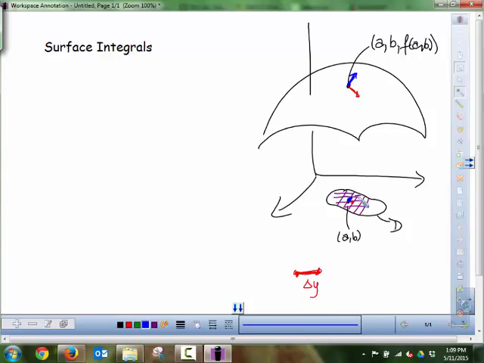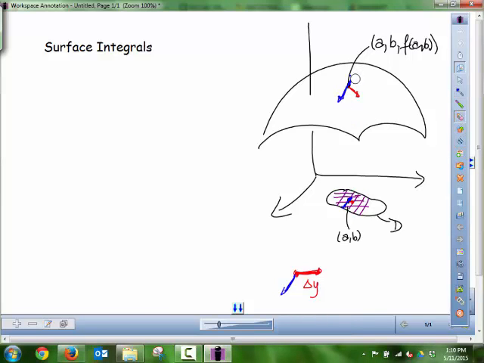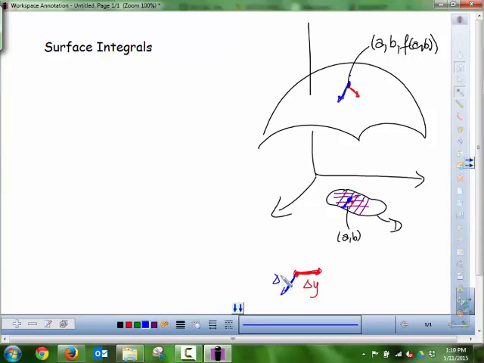And then the blue vector going along the x-axis. Oh, it looks like it's going in the wrong direction. I want it to go this way, the positive x direction. And we'll call this one delta x.